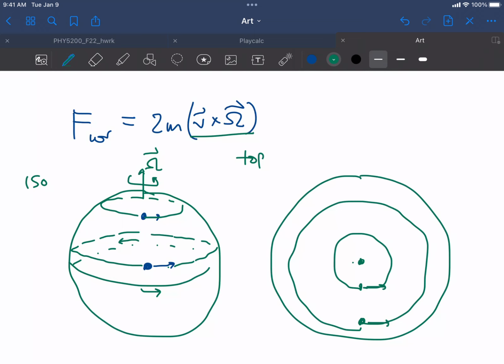But obviously, these two points are moving through very different distances. This point here is a distance from the rotation axis of, say, rho inner, and this point here is moving at a larger distance from the rotation axis, rho outer.